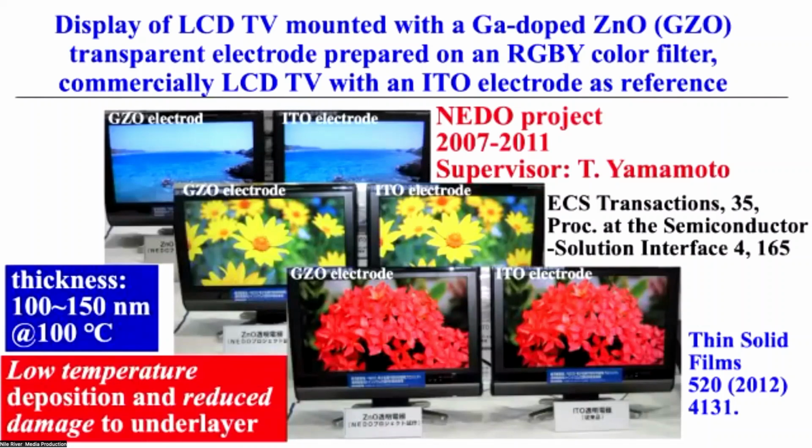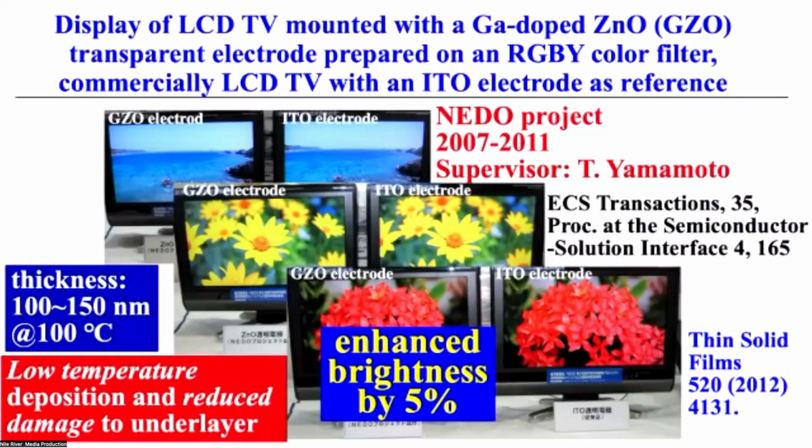Okay. And we find for those LCD televisions enhanced brightness by 5% compared with the conventional LCD television mounted with an ITO electrode.